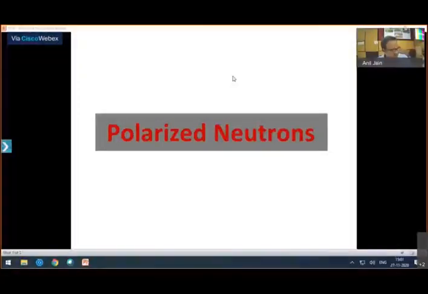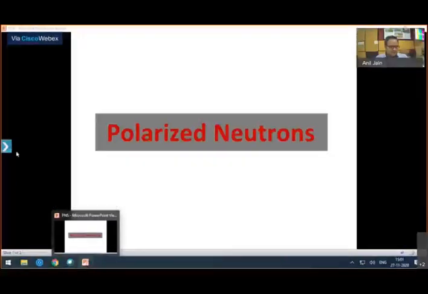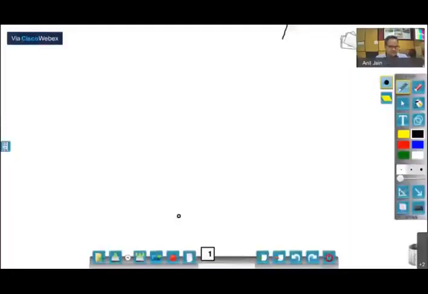But as you know, the neutron has a spin, so one can in principle get polarized neutron beams. So what are the advantages if you want to work with polarized neutrons? The additional information you can get using polarized neutrons is, first of all, as you know, the neutron scatters from the unpaired moment in your sample.